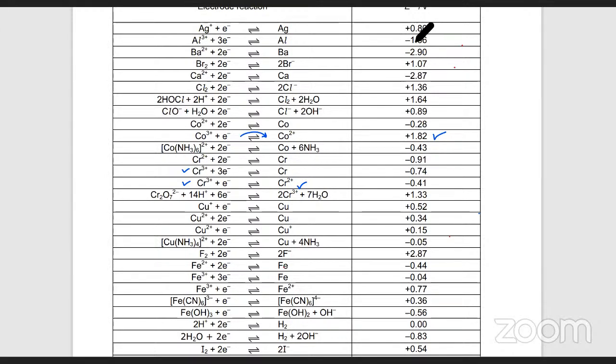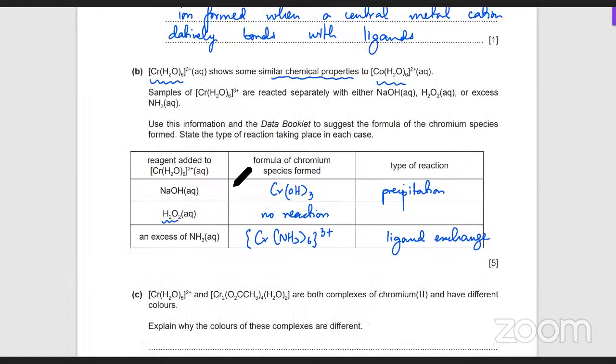The problem is that with chromium 3 plus you're not getting a reaction because you've got a lower potential, they don't gain electrons, okay? But he said that it had similar properties to cobalt 3 plus, so cobalt 3 plus would be the one gaining electrons.